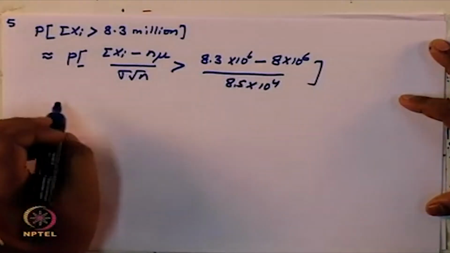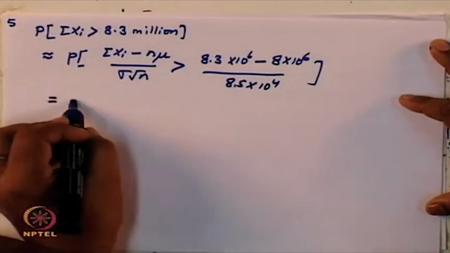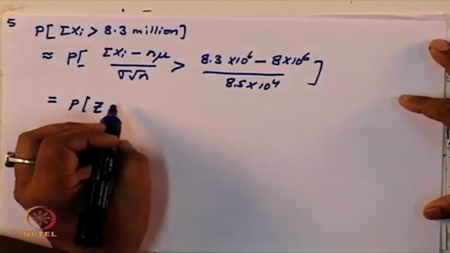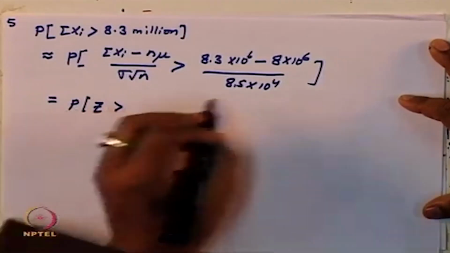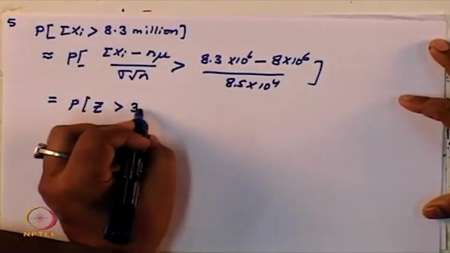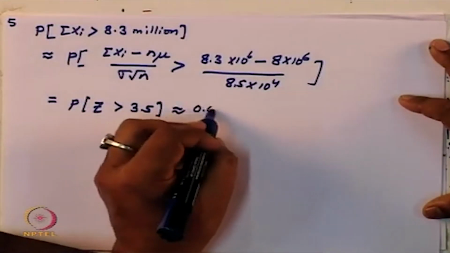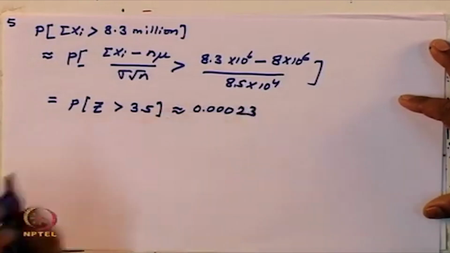Okay. So, this is equal to probability of, so this is your standard normal variable now. So, this is z greater than, so if you plug in the values, this will give you a value of 3.5, and this comes to approximately 0.00023.